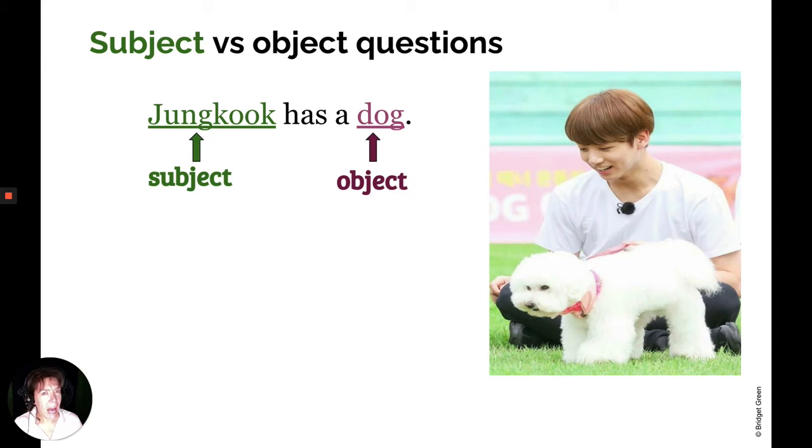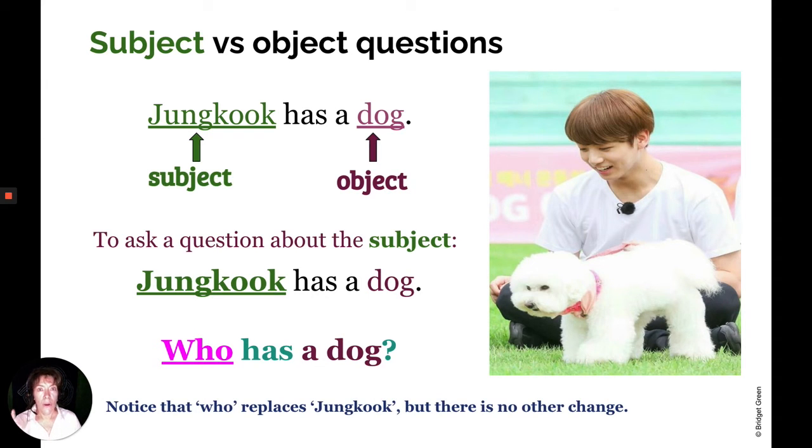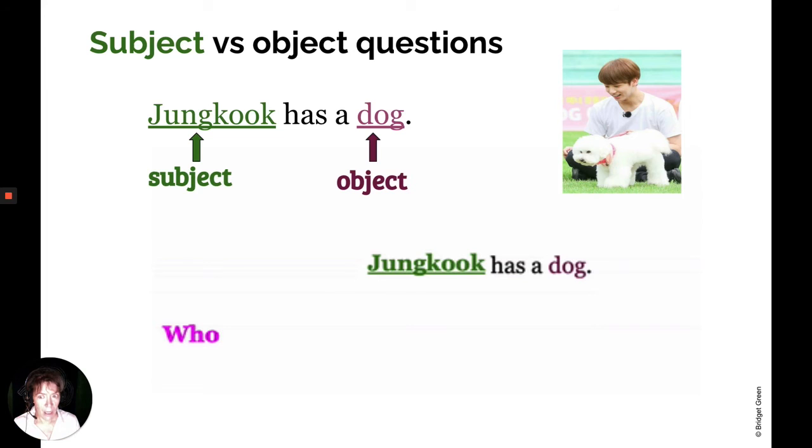Now, if you're going to ask about the subject, it's a little trickier. To ask a question about the subject, Jungkook has a dog, you would say, who has a dog? Right? So you have Jungkook and you just replace it with who, but nothing else changes. Okay? Like this. Watch my little video. Here we go.